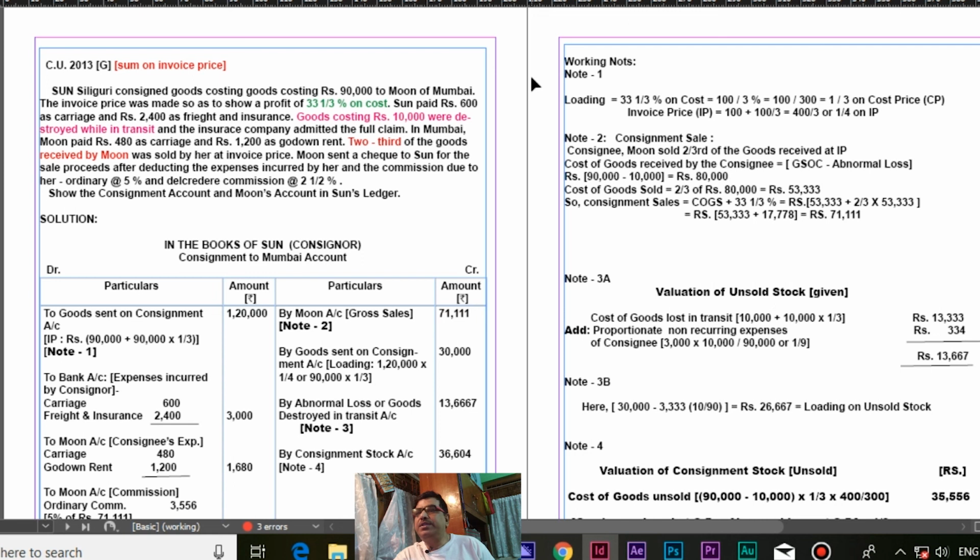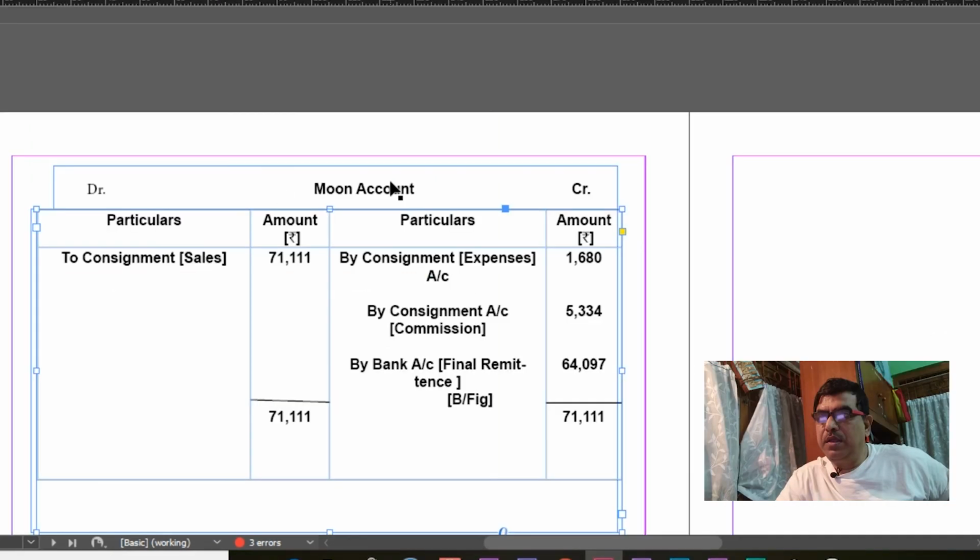The question is before you. Now the second part is Moon account, that is consignee's account. In this question, students are advised to open a consignment account in the books of consignor, at the same time consignee's account in the books of consignor.